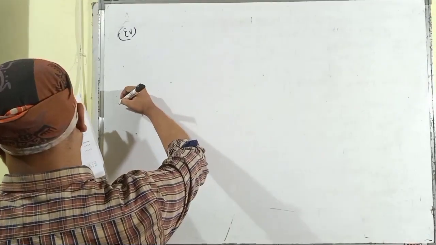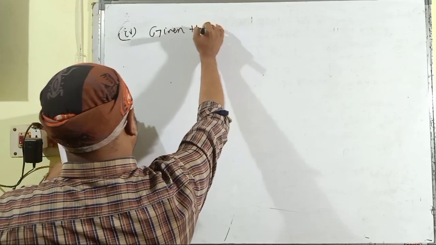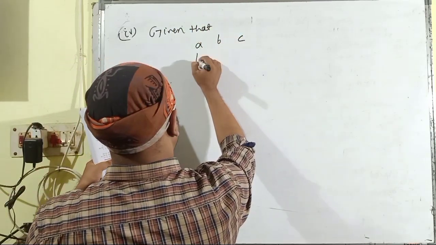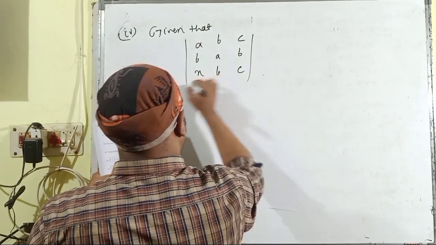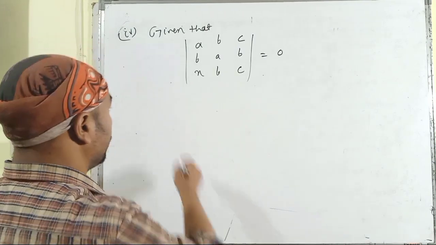Then the fourth bit is here, and it is given that the determinant with rows a b c, b a b, and x b c has a value equal to 0, and here we have to find the value of x only.